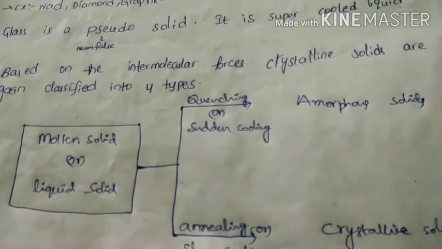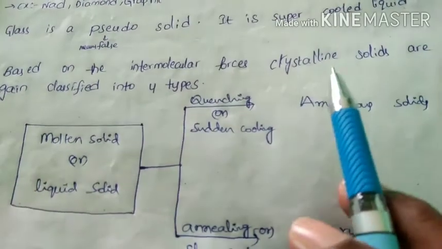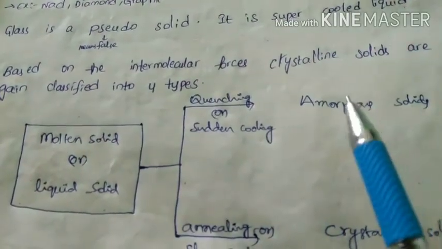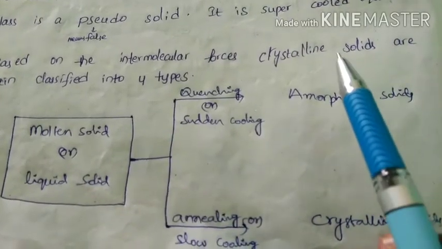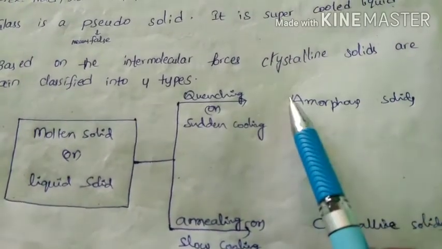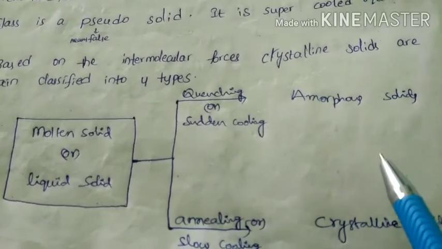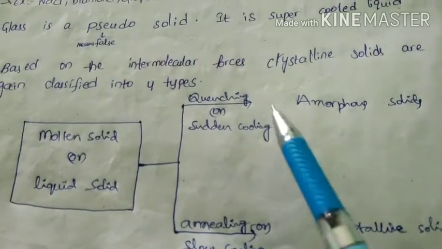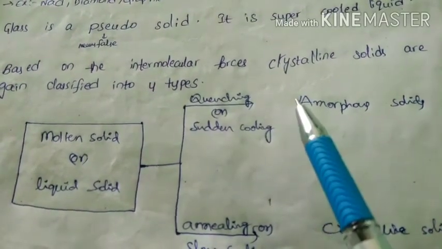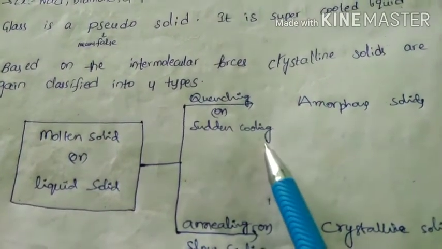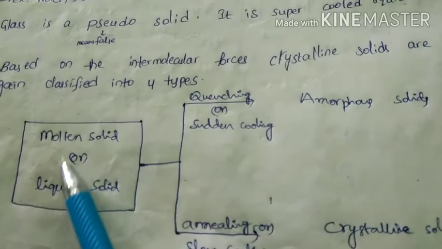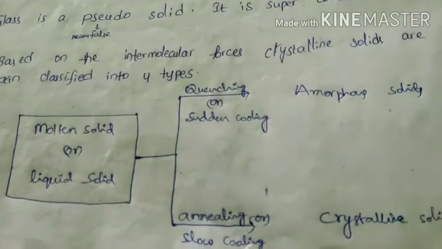Here, when the temperature decreases, liquids become solid by reducing temperature. There are two points here. Suppose if the temperature suddenly decreases, that means sudden cooling, then those molten solids become amorphous solids.